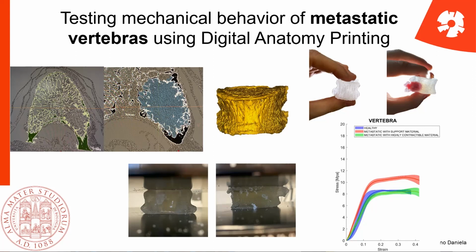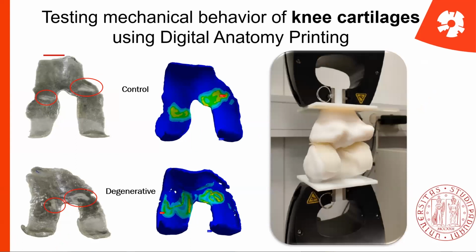A similar approach we are employing in collaboration with the University of Padua to look at the femoral cartilage. Again, we create 3D printed models using a technique called digital anatomy printing, which allows you to select and create materials that are able to mimic the properties of real organs.